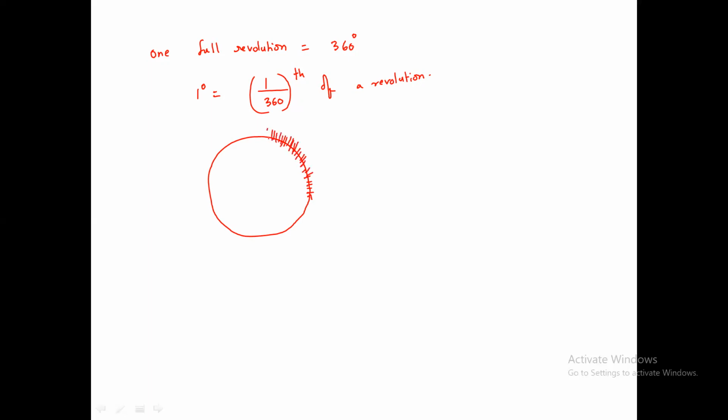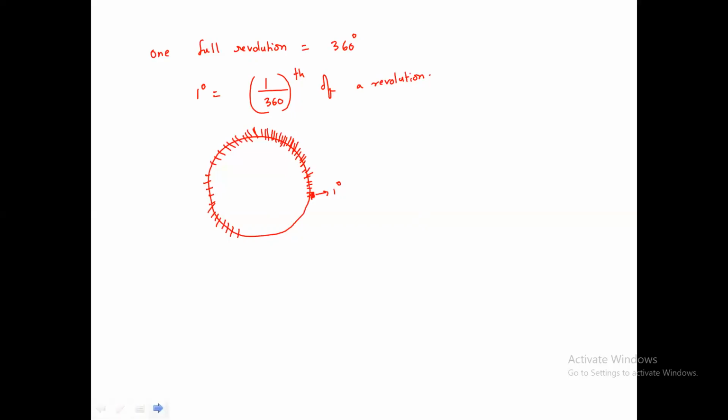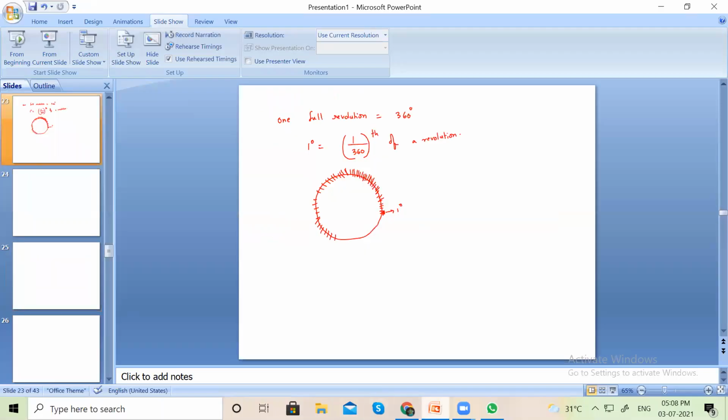Like this complete revolution, you will divide it into 360 parts. So each part will be 1 degree. That is the meaning of it. I will show you this in the protractor. Protractor is the best way to show this.